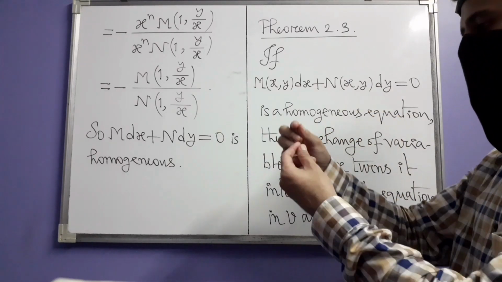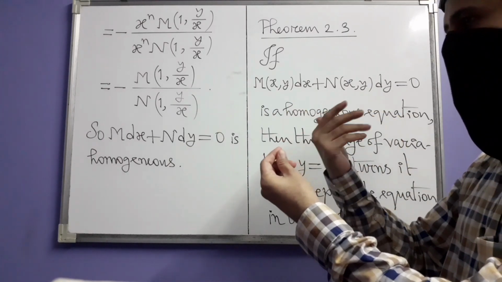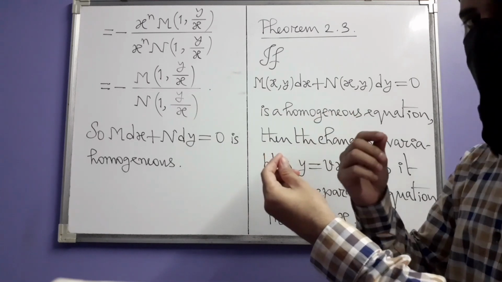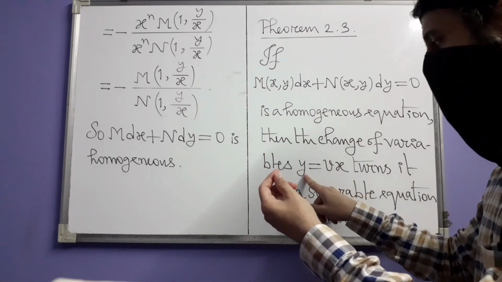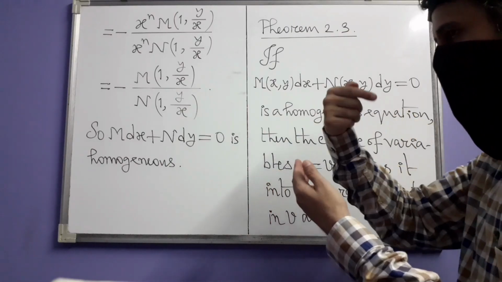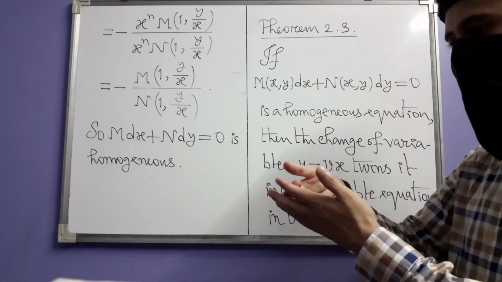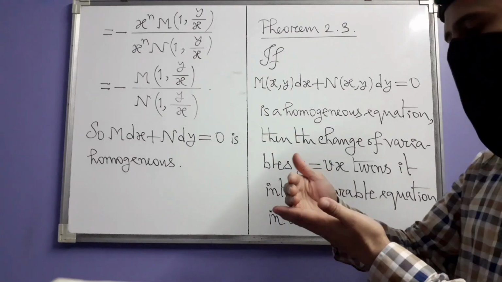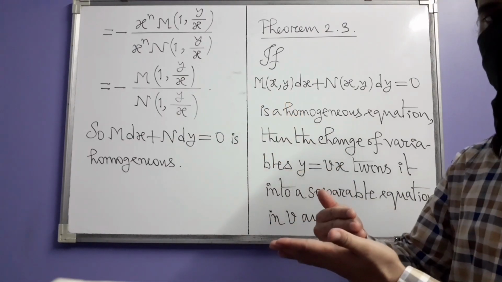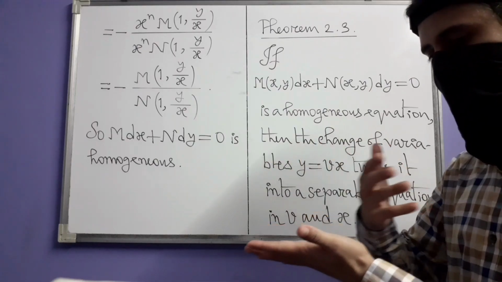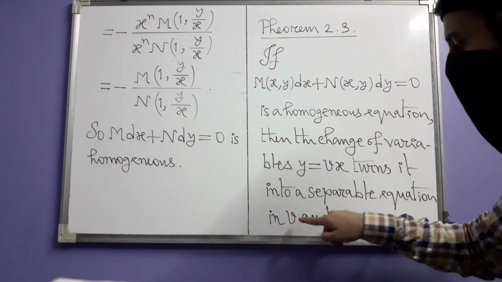It will then come like this: dy dx equals some function of x and y. In that function of x and y, you replace y with vx, and on this side where you have dy dx, instead you write x dv dx plus v. That's how you get an equation in these new variables v and x.